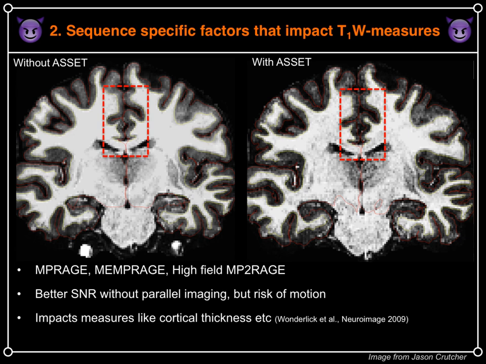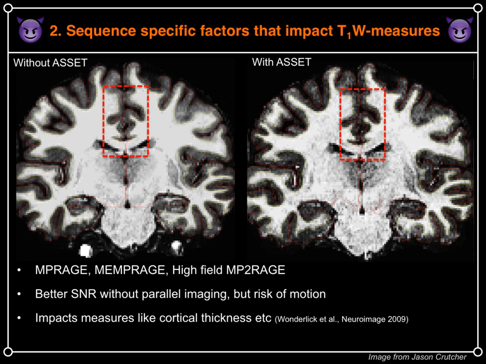So what we can do then is use 2 sets of accelerated images, because in a pediatric population you want to get these data quickly so they don't move so much, because once the subject moves, the entire scan is wasted.